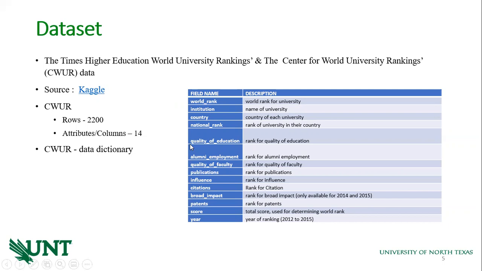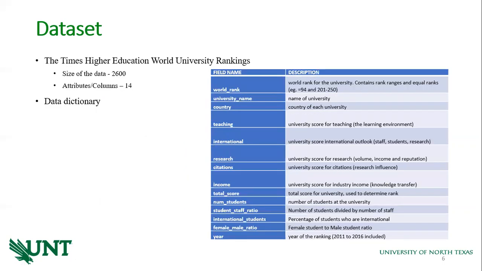Let us see the metadata for the Times ranking system. The Times ranking system has around 2,600 rows and 14 columns. This is the data dictionary for it. It has a world rank, obviously, university name, and country.